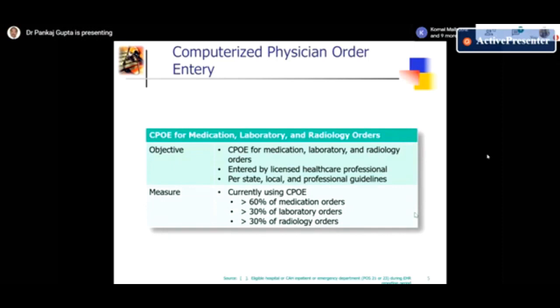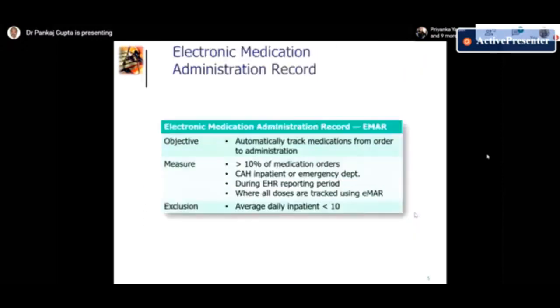Any questions? Similarly, electronic medication administration: automatically track medications from order to administration, which is nothing but BCMA. The measure is that more than 10% of the medication orders go through the entire BCMA cycle.